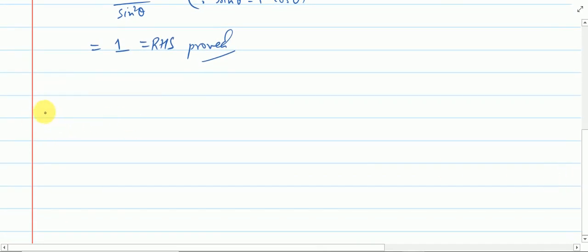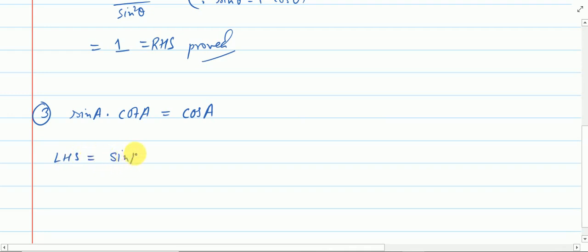So the next one is this: sin A into cot A is equal to cos A. So we will start with our left hand side and we copy it.